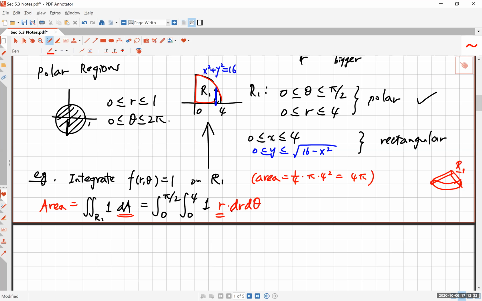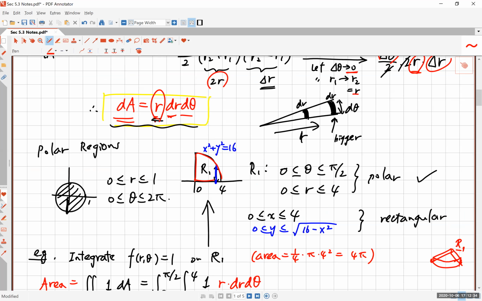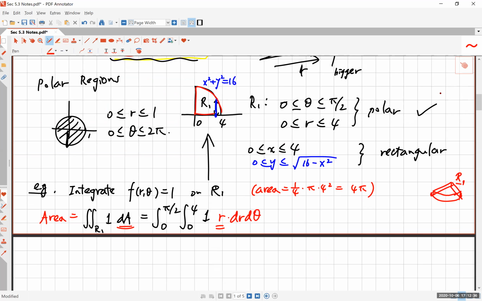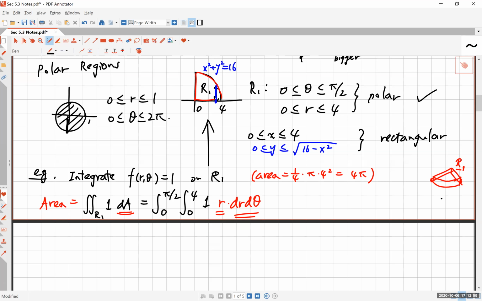Where did that r come from? It's right here, okay? So every time you do a double or even triple integral in polar coordinates, you are going to see that r before dr and d theta. And just for your information, you hardly ever switch the order of this. I know that sometimes dx dy becomes dy dx, and so on. But with respect to the polar coordinates, this order is almost always dr d theta.